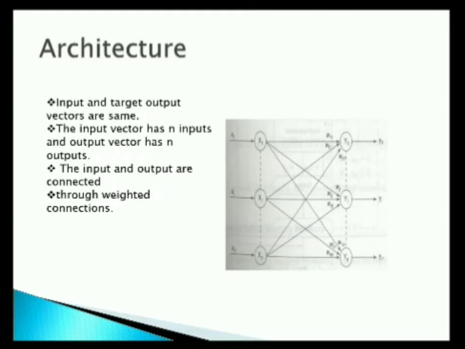Here we are taking more than one input which is interconnected with another input layer and takes the individual output from the two interconnected layers. Here the input and the target output vectors are the same. The input vector has n inputs and the output vector has n outputs. The input and the output are connected through weighted connections.